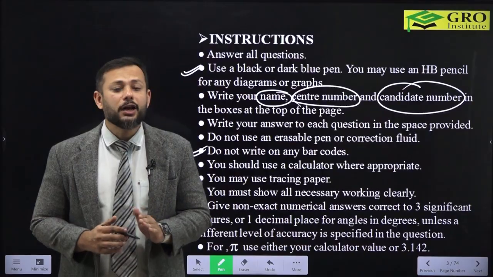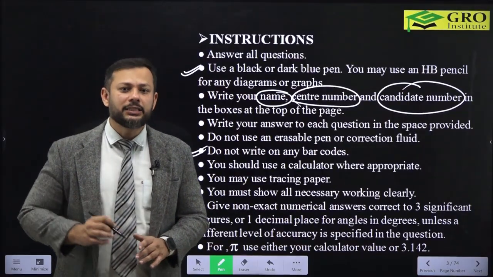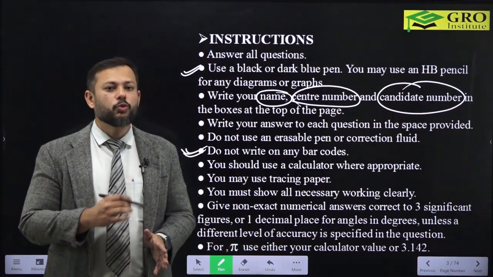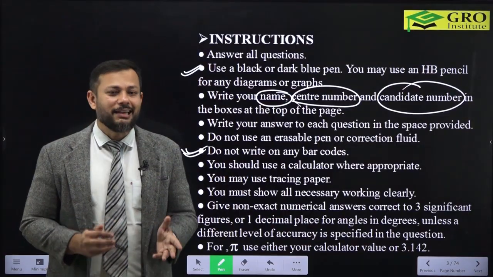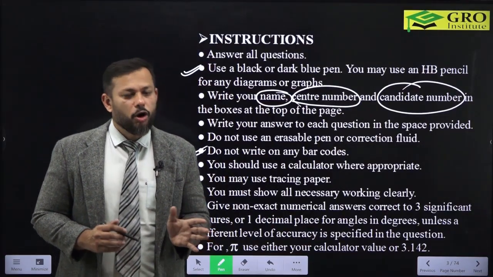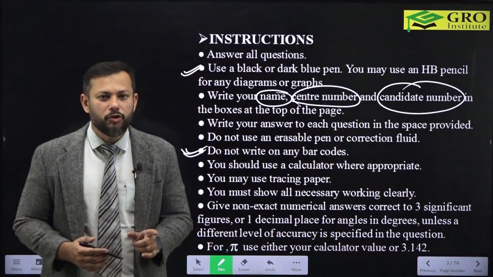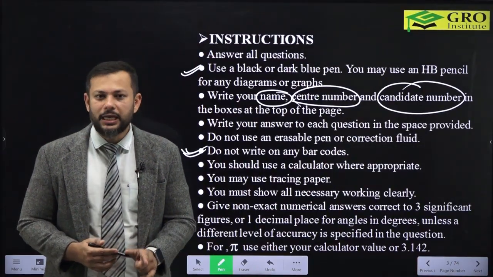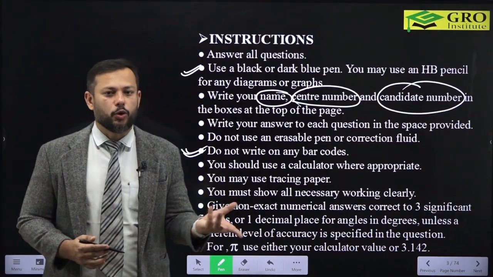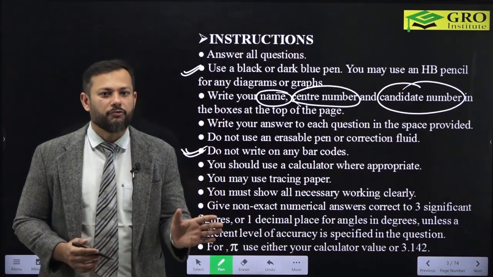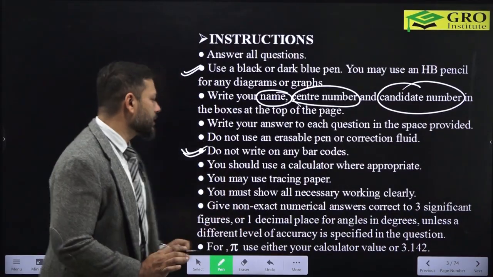But if the steps are not there and only the answer is there, the person correcting your paper will wonder whether you did it yourself or used some random thought to get the answer. So it is better to always write the steps and then get to the conclusion or the solution of the question. I hope this part is clear.